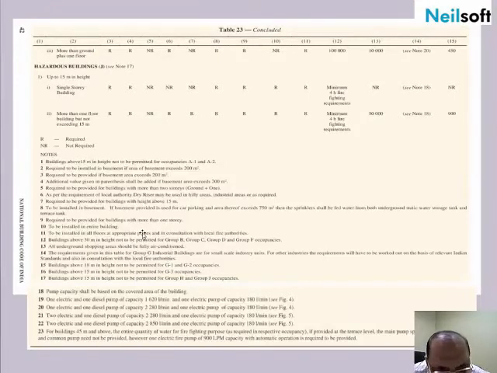These are the explanatory notes which we had seen, marked as and when those are required to be seen or taken care of according to those sub-notes. And these are the notes which are actually required to be complied with to complete the design.